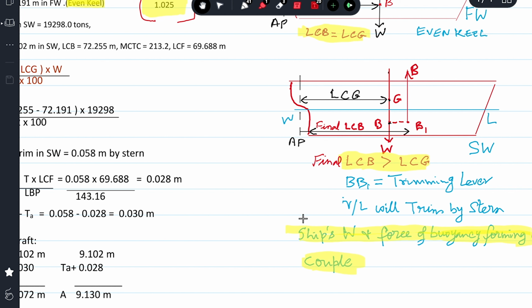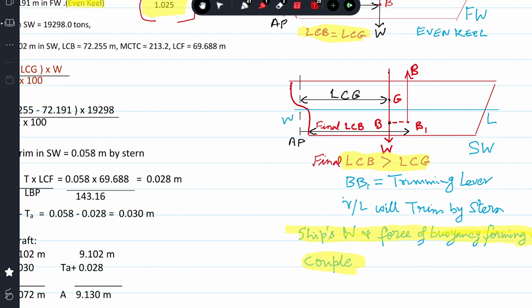So that was the explanation why ship has trimmed: ship has trimmed because LCB has changed. And LCB depends upon underwater volume, shape of the hull. So because the density of seawater has increased, it was in freshwater, density was 1, it is in saltwater 1.025, and the displacement has remained unchanged, so the underwater volume has decreased.